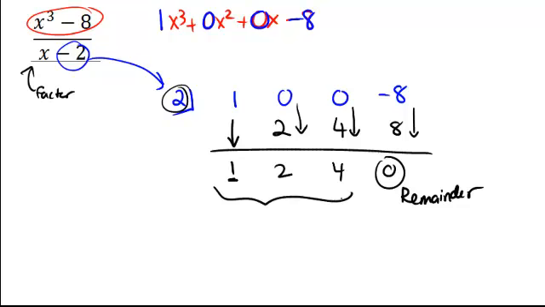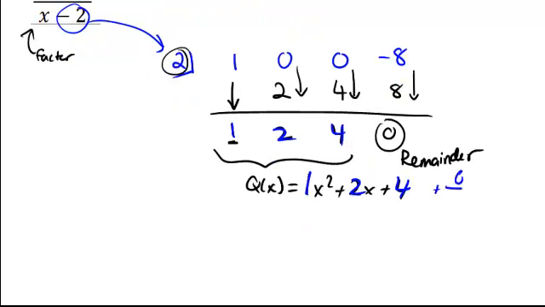So my quotient is always going to be 1 degree less. So we had an x cubed, right? So it's going to be x squared. So it's 1x squared plus 2x plus 4. Notice the 1, the 2, and the 4 are always the coefficients of your quotient. And we have a plus a remainder of 0 over x minus 2, so you know that's equal to 0.